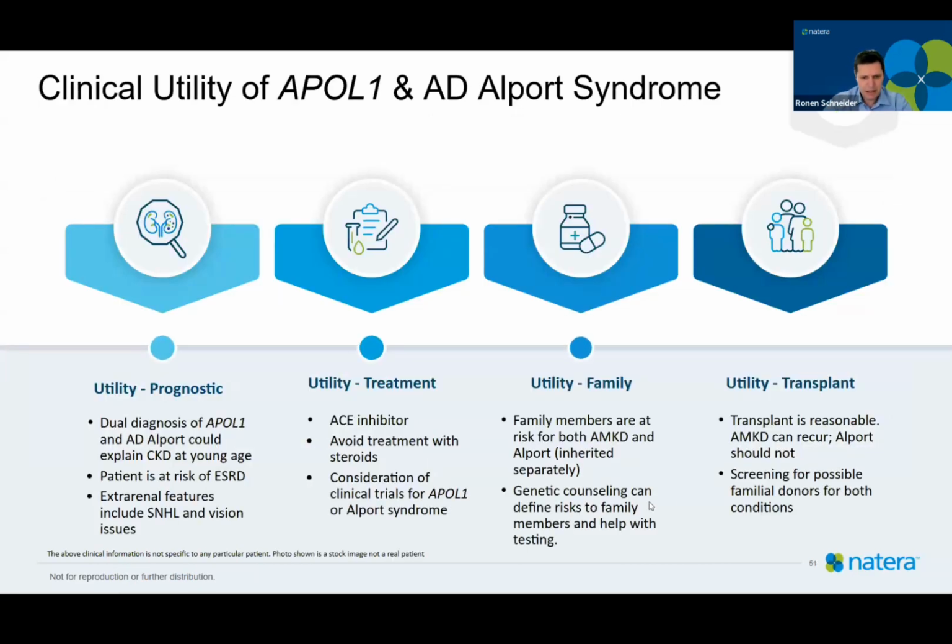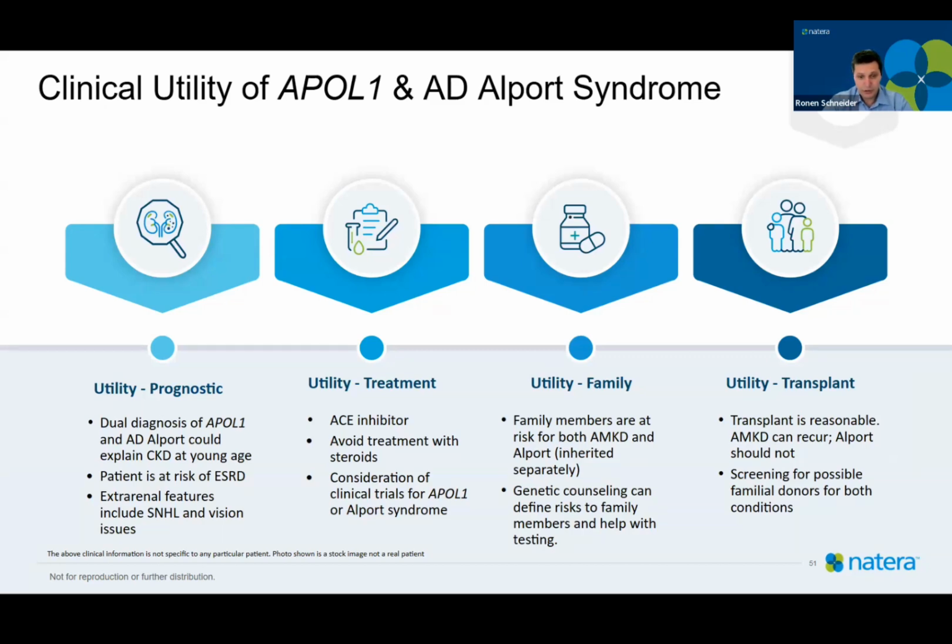Next slide, please. So the clinical utility here: we found a dual diagnosis of APOL1 and the autosomal dominant form of Alport, which could explain CKD at a young age. So this patient, we know now, is at increased risk of end-stage kidney disease.